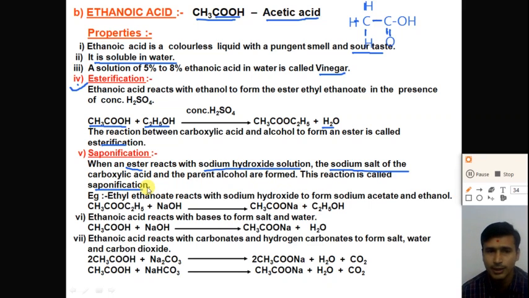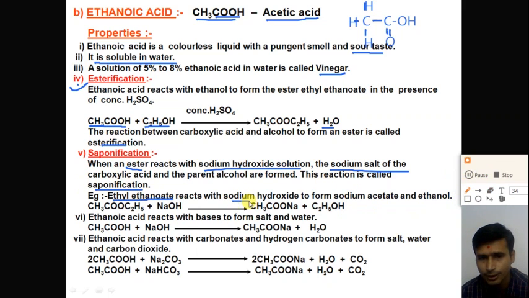So from the ester we can form the alcohol also. Like this, ethyl ethanoate reacts with sodium hydroxide NaOH to form sodium acetate and ethanol.